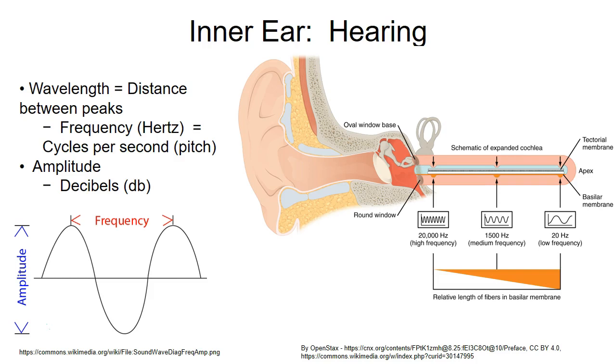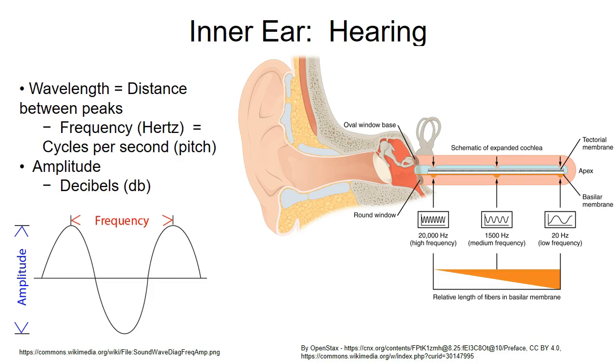Loudness is the amplitude, how high the peaks are or how low the troughs are. So the height isn't telling you whether it's a low or high pitch, it's telling you how loud that particular pitch is. We measure amplitude, loudness, in decibels. Pitch is measured as frequency, in hertz.